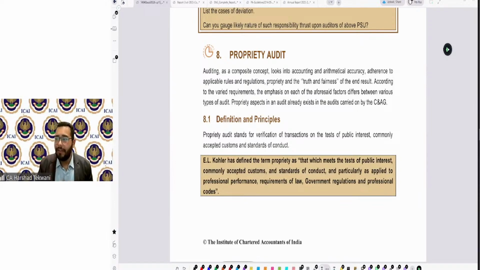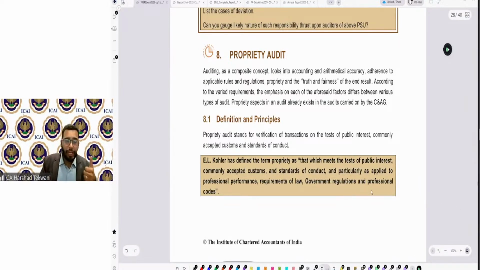In the next lecture, we will be covering chapter 16, that is internal audit. I'll try to cover it as practically as possible, but I want you to read the chapter so that you can have a good understanding when I explain practically about the chapter and the topics.